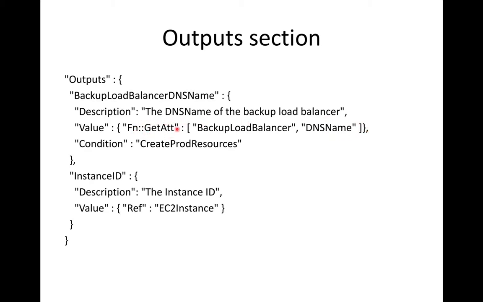But this is basically getting an attribute from that AWS resource, and the attribute we want is its DNS name. And so that is what is going to be output there. And the instance ID is referring to an EC2 instance, and it's grabbing the EC2 instance ID associated with that instance and also outputting that for us.